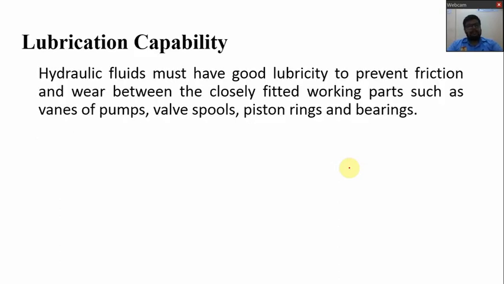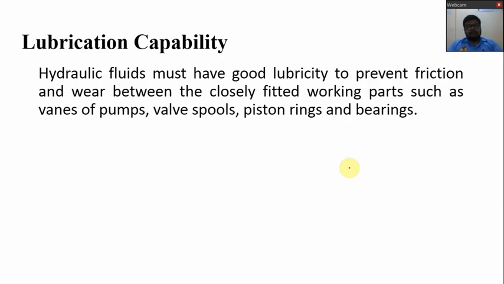Next property is the lubrication capability. Hydraulic fluids must have good lubricity to prevent friction and wear between the closely fitted working parts, such as the vanes of pumps, then the valve spools, piston rings and bearings.